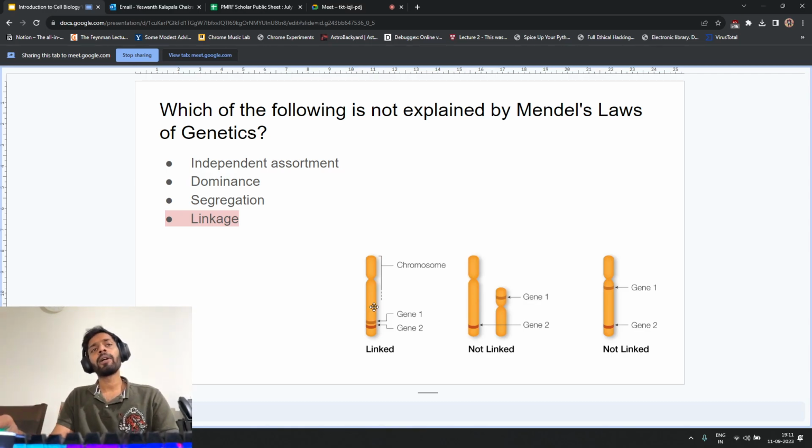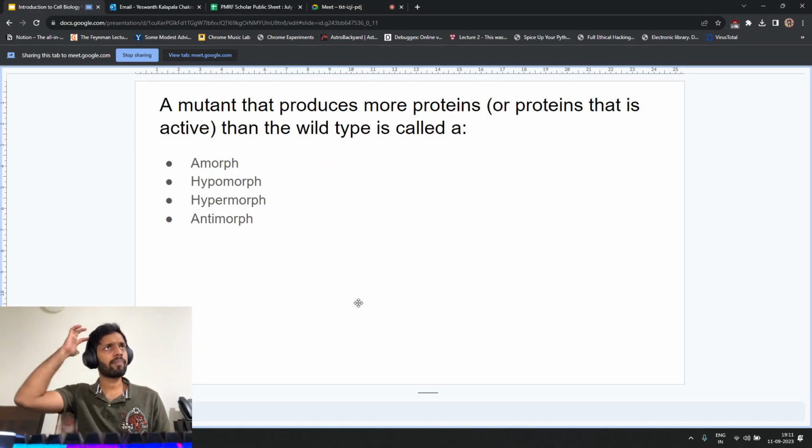The same is true for alleles. So they're not independently assorted. In fact, this is one of the disadvantages of Mendelian laws of genetics, where it doesn't completely explain the biological phenomenon.